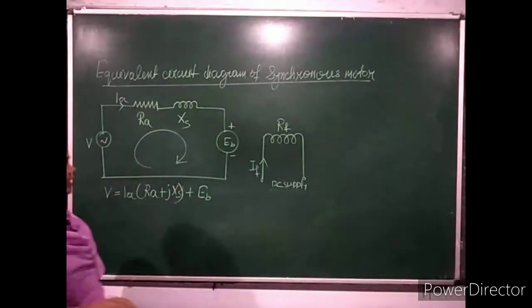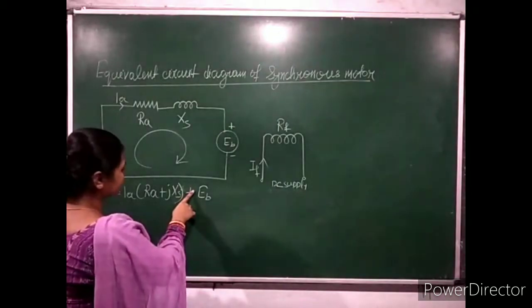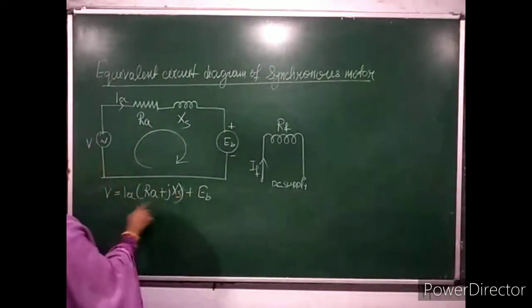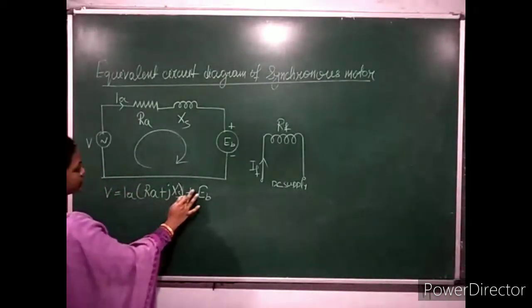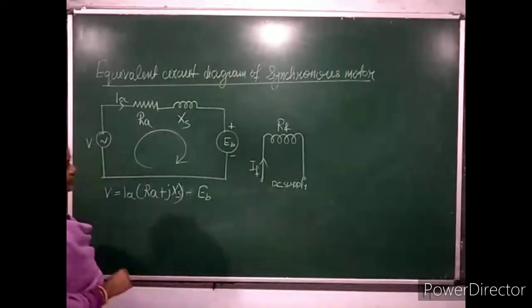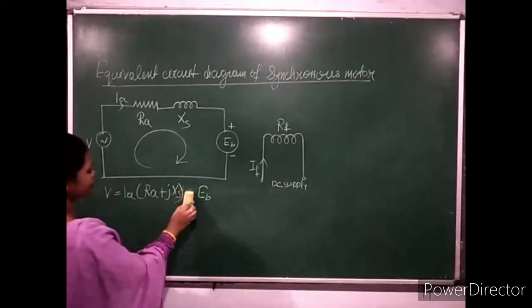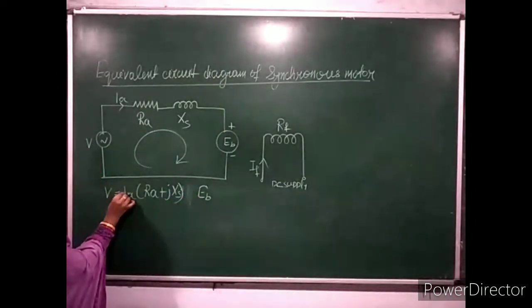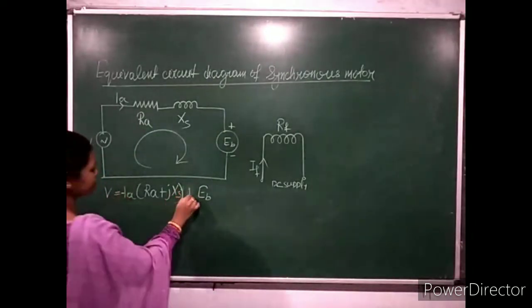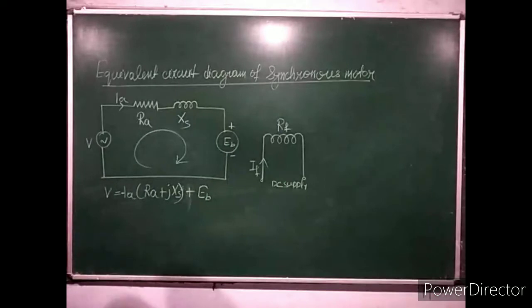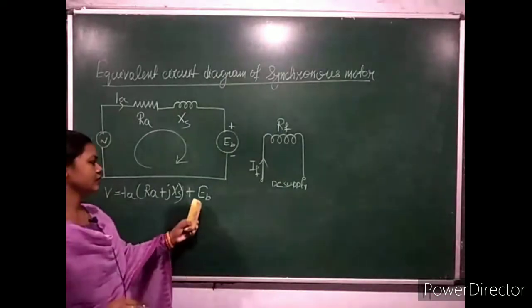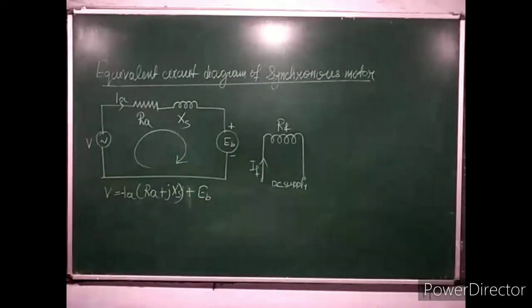But in case of a generator, students, this voltage equation has Eb with a minus sign. This is the difference, because at that time Eb is the generated EMF.